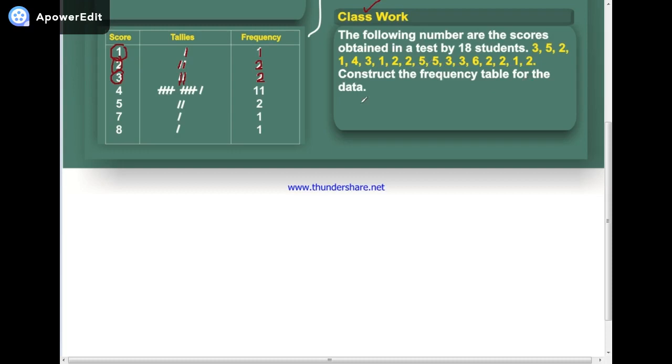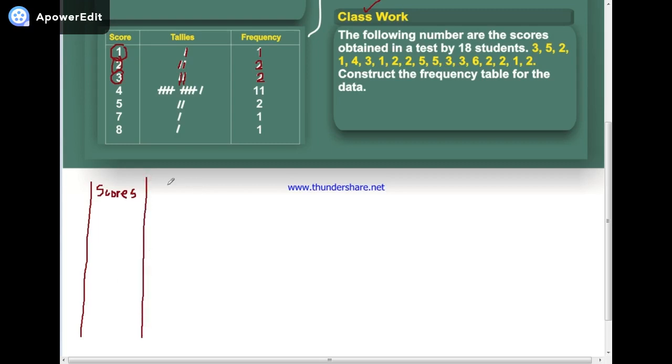Now you are going to do it the way we did the previous one. The first thing you are going to write is your scores. Write your scores, and draw a line here. Then draw another line for the tally.